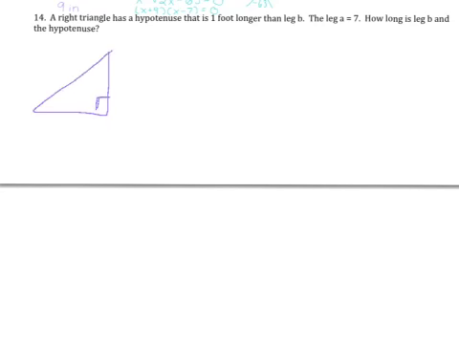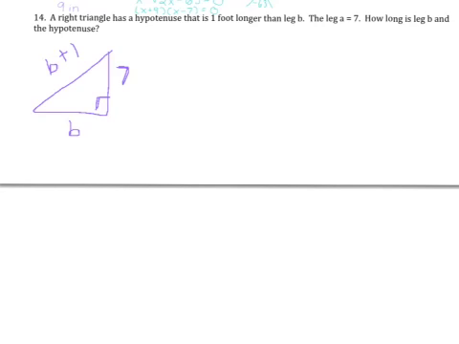So we know that there's a leg B, and the hypotenuse is 1 foot longer. So we'll call the hypotenuse B plus 1. And we know that leg A is 7, so we'll label the other leg as 7. And now we need to find the length of leg B and the length of the hypotenuse.